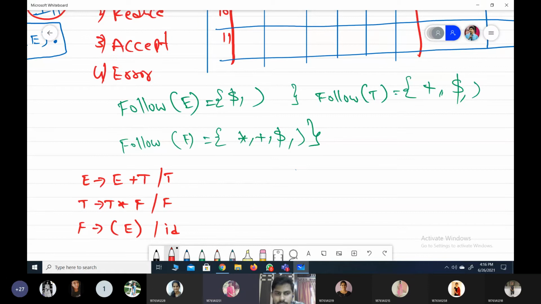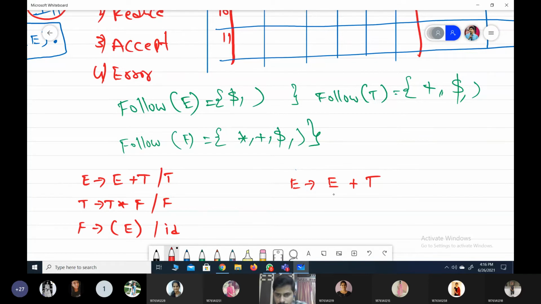Yes, sir. For example, if I consider the first production, E tends to E plus T, I am talking with a blind rule. Actually, we have done the follow construction after the left recursion elimination only. In this parser we considered the grammar without left recursion.